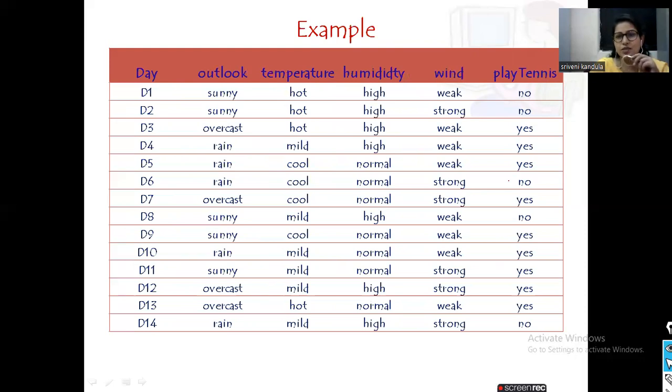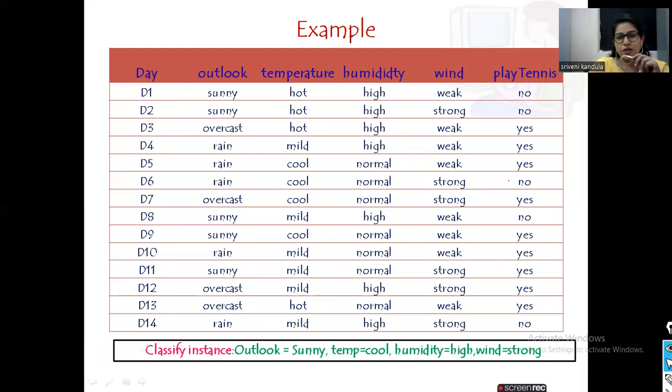Based on these training examples, suppose a new instance is given. Here you can see we have taken a new instance: outlook equals sunny, temperature equals cool, humidity equals high, wind equals strong. These are the attribute values. Based on this, what can you conclude? Whether PlayTennis will be yes or no. What will be concluded by the algorithm?